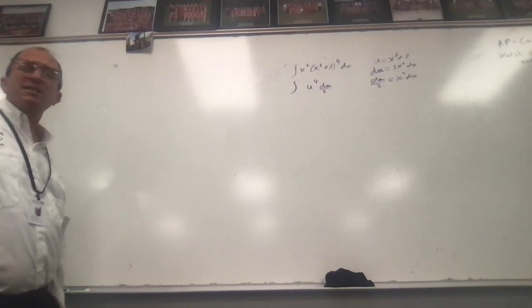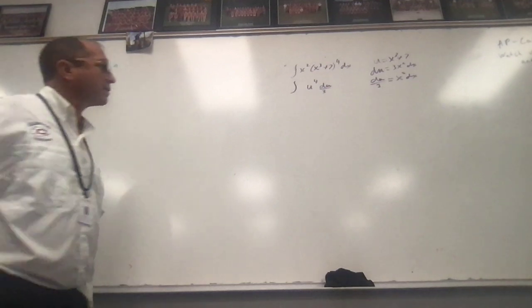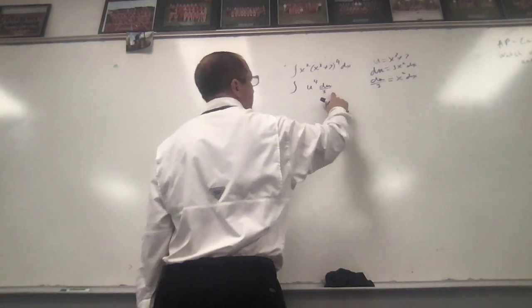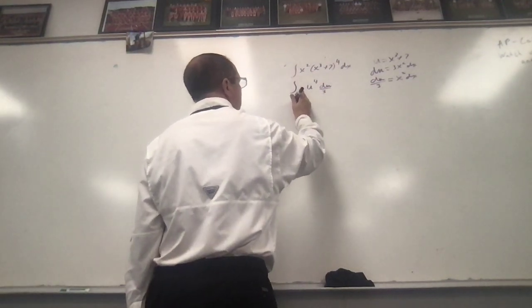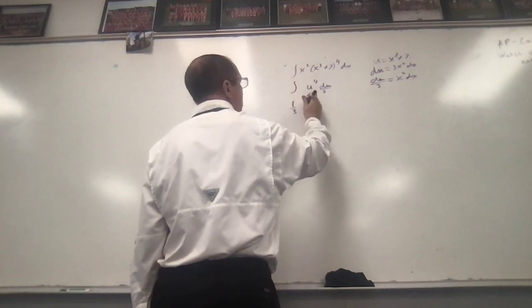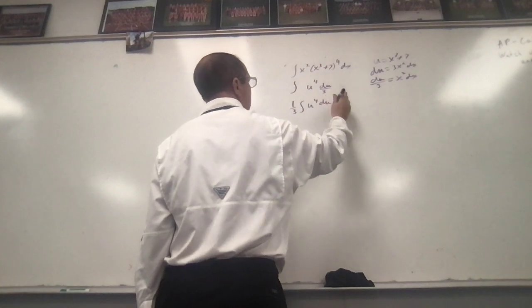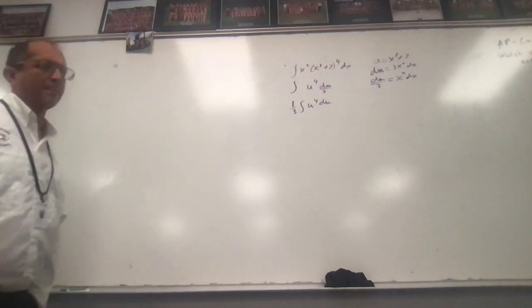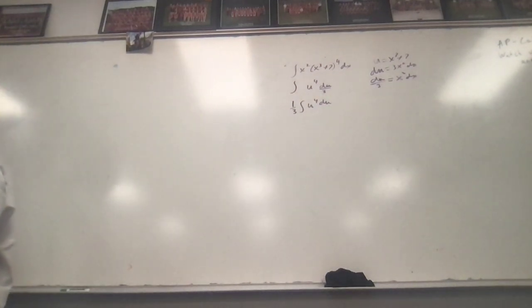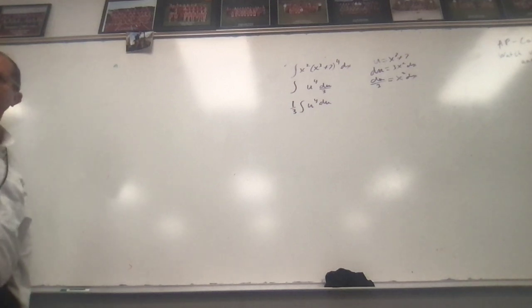With that constant involved in this problem, I'm going to factor it out. So this is now going to become 1/3 of u to the fourth du. I can factor a constant out of an integral.